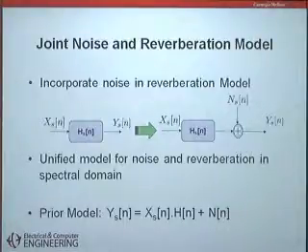Compare this with the prior model which people worked on. Prior work used a multiplicative model with additive noise. Right now I'm replacing this multiplication by a convolution, so I have more parameters to estimate and work with.